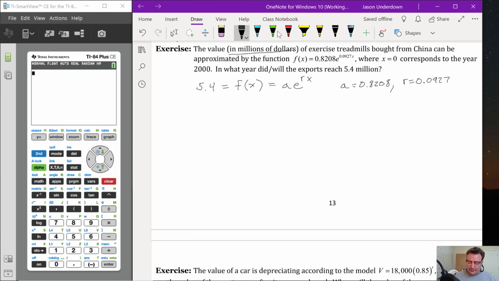Okay. But to solve this equation now, I want to isolate that exponential expression, so I'm going to divide both sides of the equation by a. And I get 5.4 over a is equal to e to the rx. Okay? And I don't have to write all those decimal digits. Super frustrating. Now I want to get that expression r times x out of the exponent, so I have to take a logarithm.